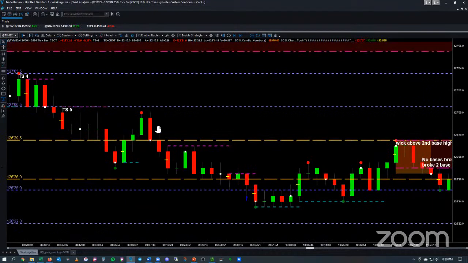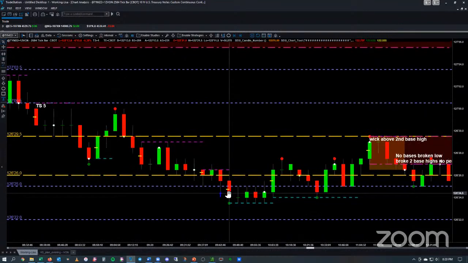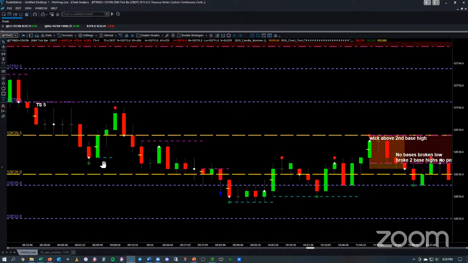And then keep moving this up. And again, you can see we're continuing to break and close below the swing lows. We start to get a little choppy right in here.